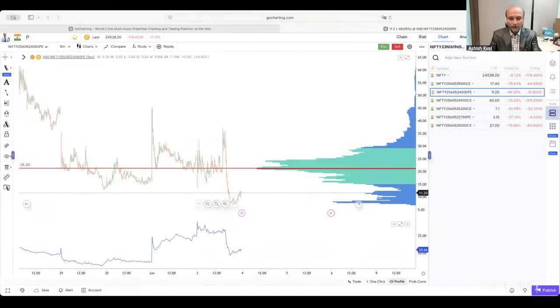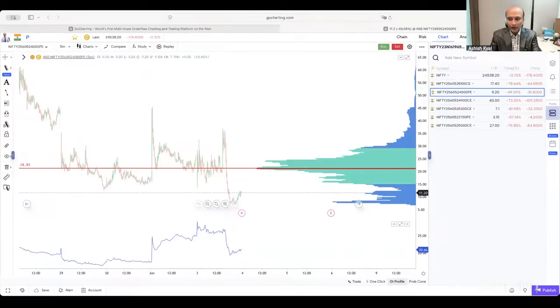So the Nifty 24,000 call, now the 24,000 put and the 25,000 call, both prices collapsed. Okay, दोनों prices collapsed post 1 p.m. Even when Nifty moved down, puts crashed.